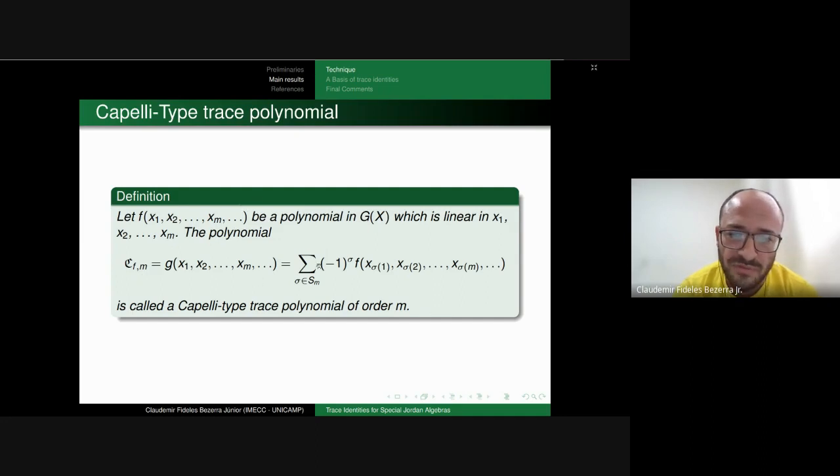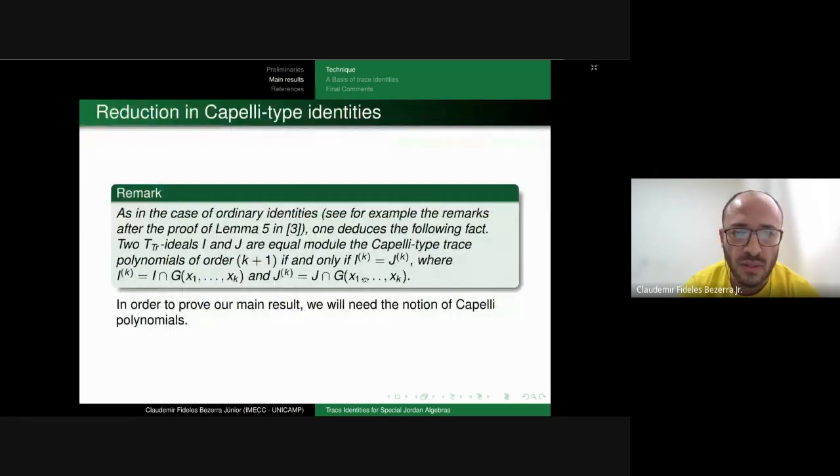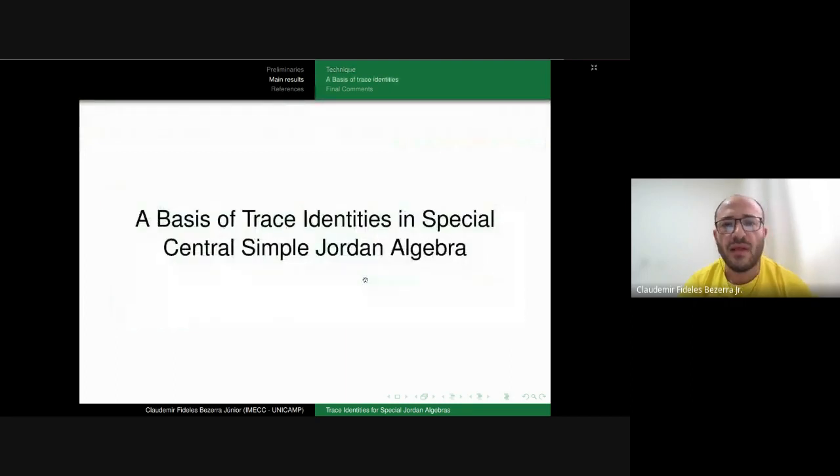This polynomial, defined this way, is called a Capelli type trace polynomial of order m. With this remark and this corollary, we have the ingredients to discuss the basis of the trace identities in these algebras.